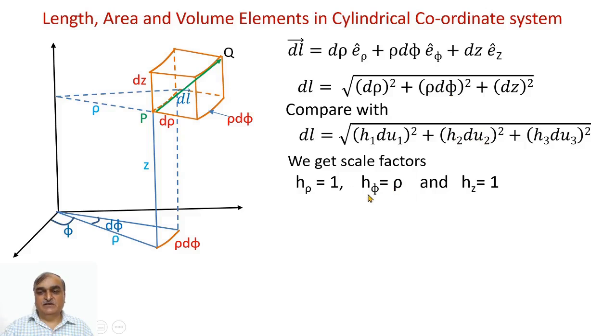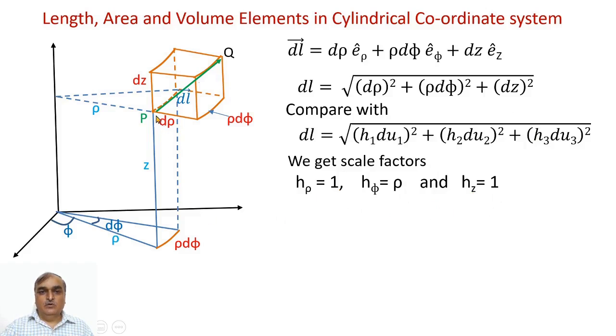This second scale factor, h phi, is equal to rho, and u3 is equal to z. Therefore, du3 is equal to dz, and comparing, we get h3 is equal to 1. This way, in cylindrical coordinate system, the three scale factors are h rho equal to 1, h phi equal to rho, and hz equal to 1.